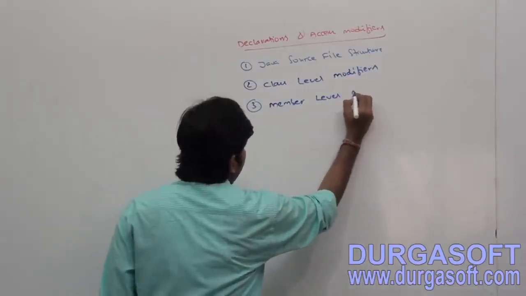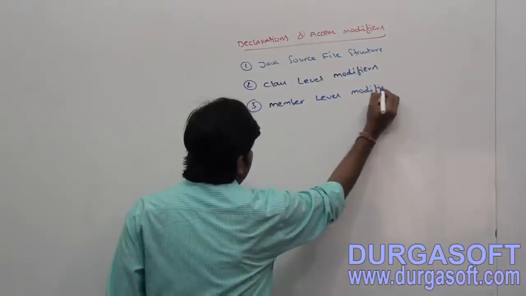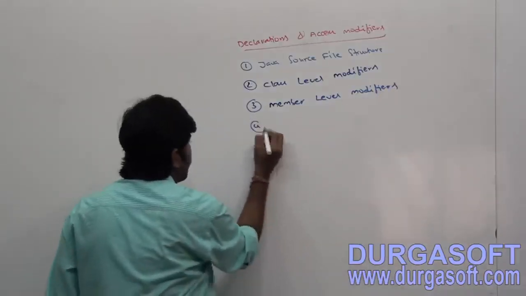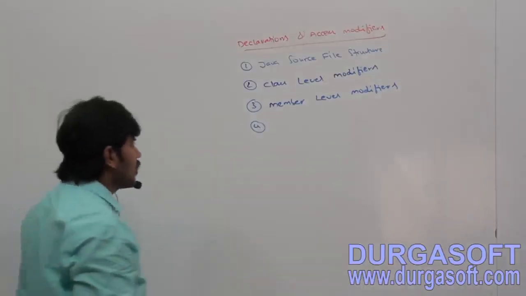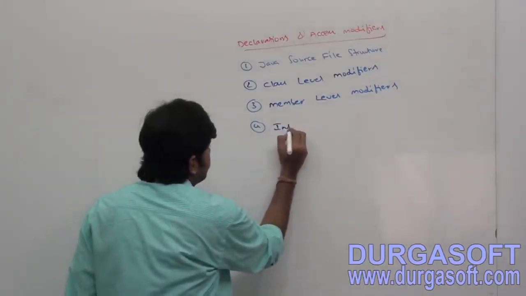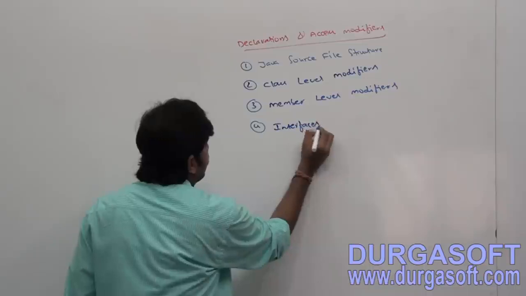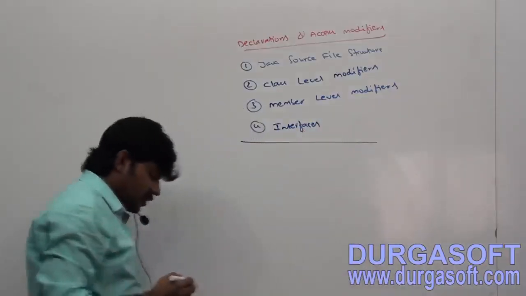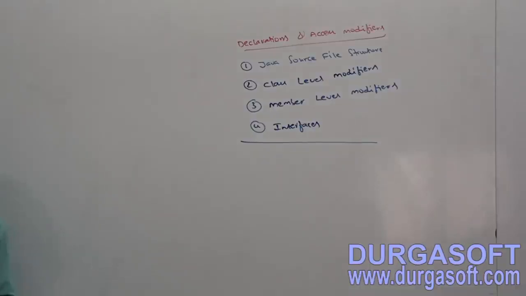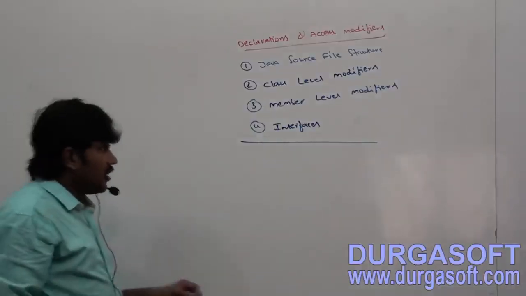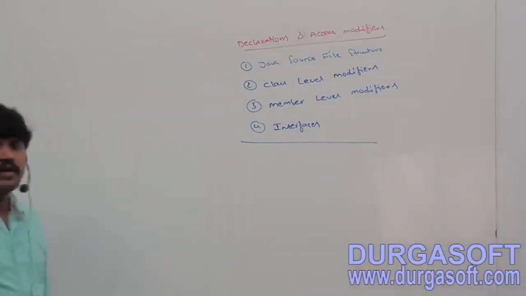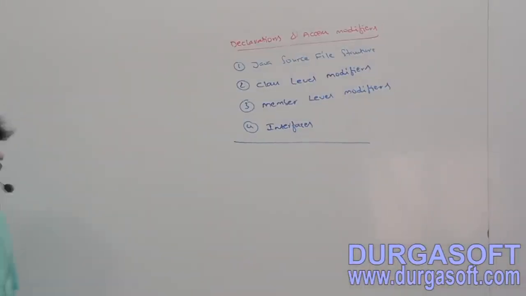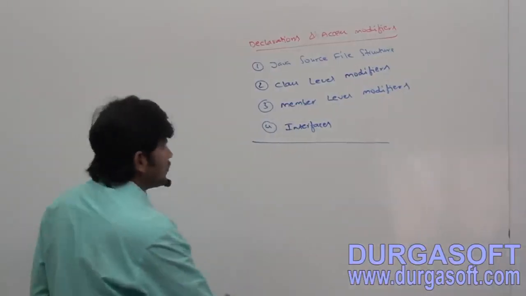And then we have to discuss the interface concept. That's all: Java source file structure, class level modifiers, member level modifiers, and then we go for interfaces. Okay, that is the concept we have to discuss.